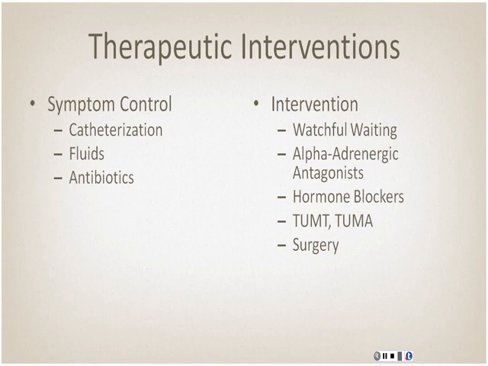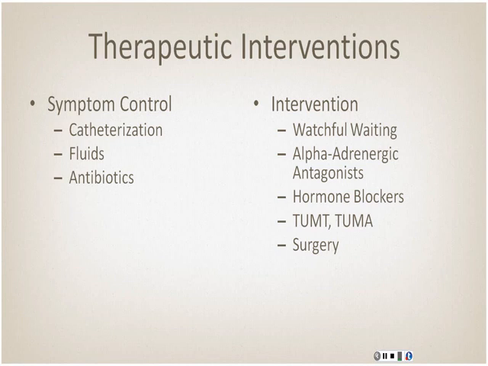And then they can do other types of therapies like transurethral microwave therapy, which involves applying heat to the gland to inhibit growth, or transurethral needle ablation, where radio waves are used to destroy part of the gland. They may also surgically place stents to open up the pathway so that the urine can flow more freely.